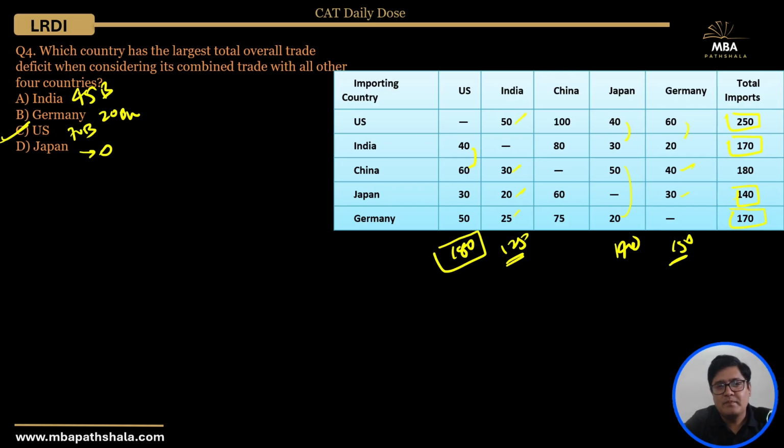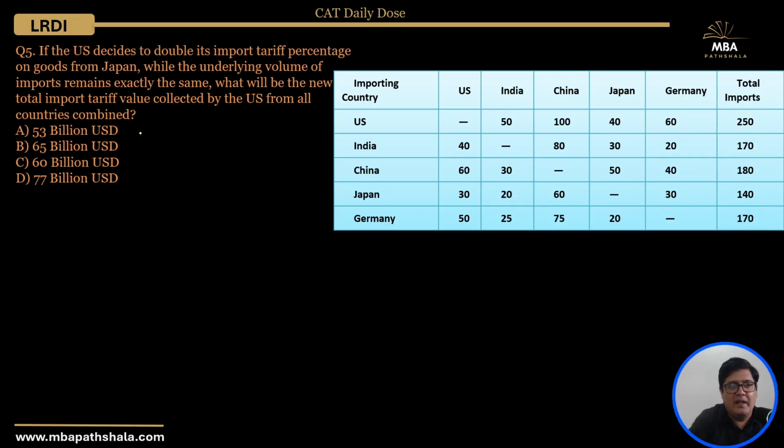Answer option C. If US decides to double its import tariff percentage on goods from Japan while the underlying volume of imports remains the same, what will be the new total import tariff collected by US from all countries?